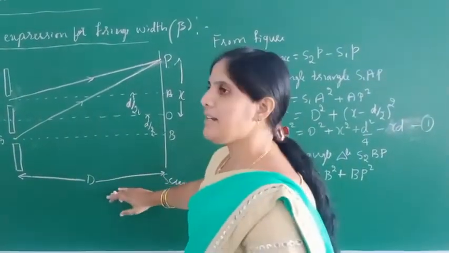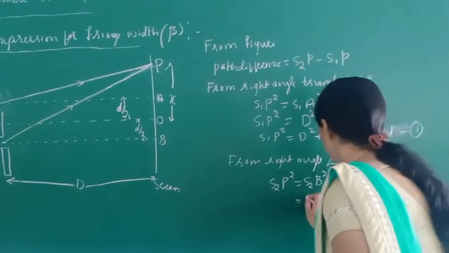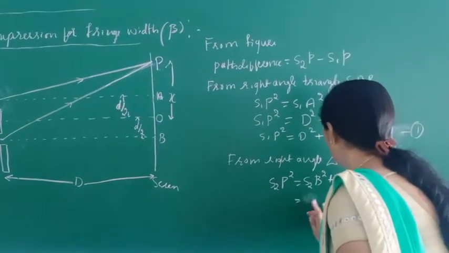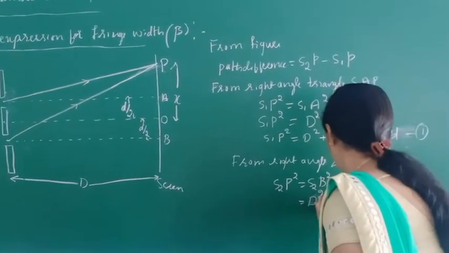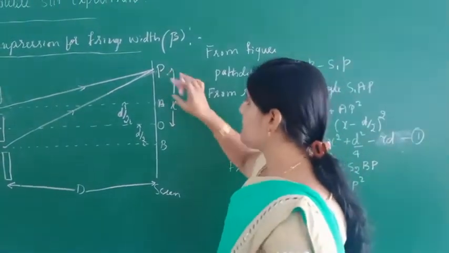From the figure, S2B is nothing but the distance between the screen and the slit. So that is D. So S2P square can be written as D square plus BP square. What is BP?